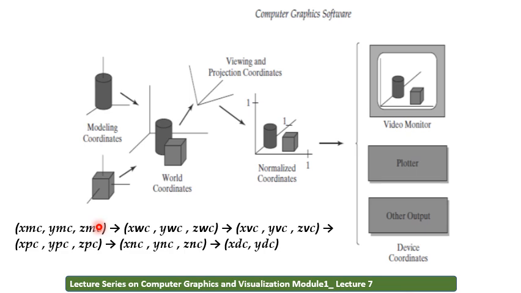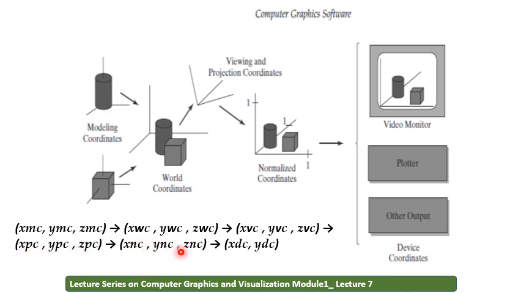This is then transferred to world coordinates, then viewing and projection coordinates, then to left-hand normalized coordinates, and finally to device coordinates. World coordinates are XWC, YWC and ZWC. Then viewing coordinates are XVC, YVC, ZVC, and then the projection coordinates XPC, YPC and ZPC.